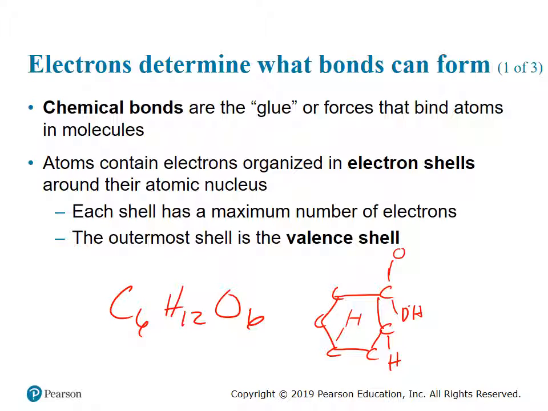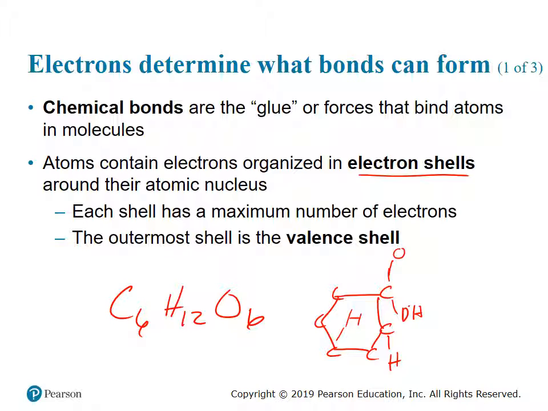Now, how do they bond together? In fact, they bond or glue together or are attracted together by the electrons outside of the nucleus of an atom. Those electrons are organized very separately from each other in what we call electron shells, which is not a shell, but we like to call it a shell because it very much surrounds the center of the atom like a shell.